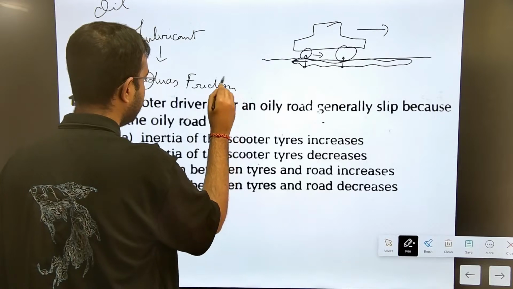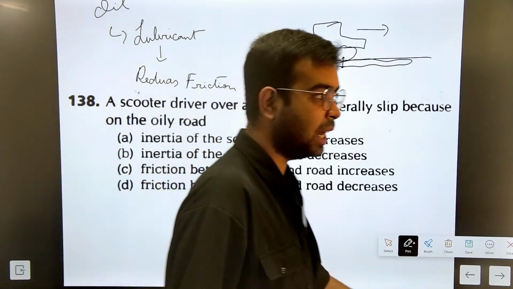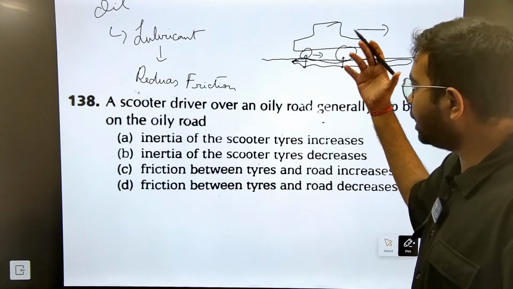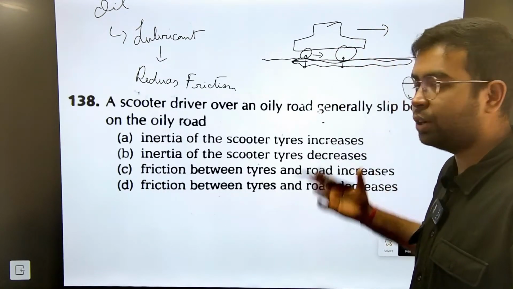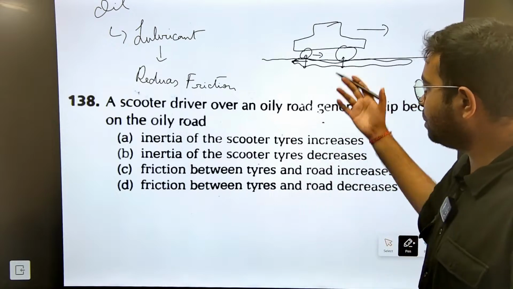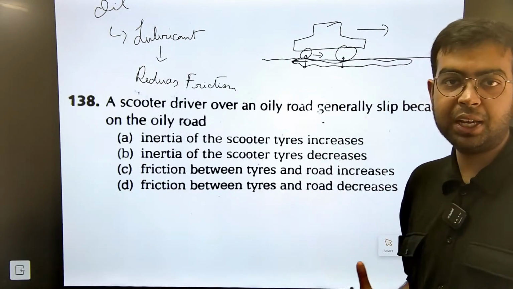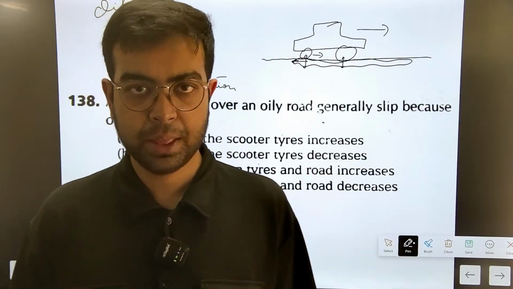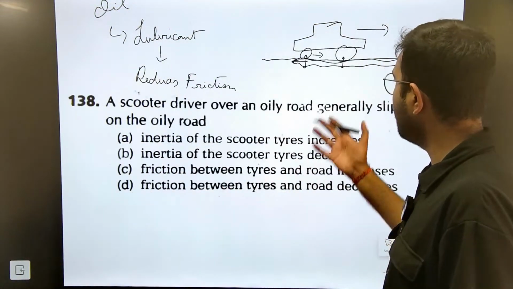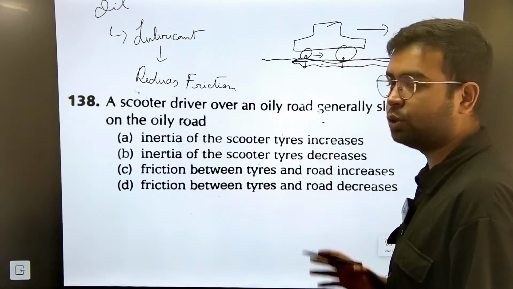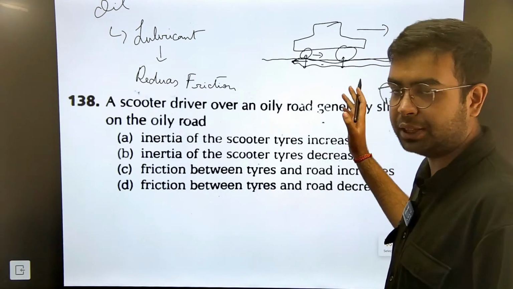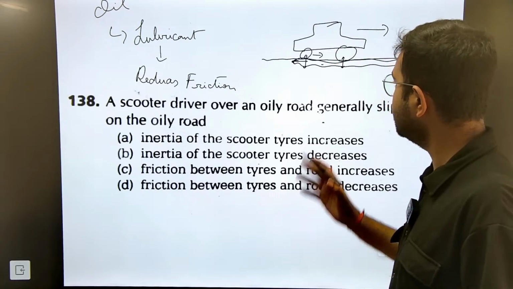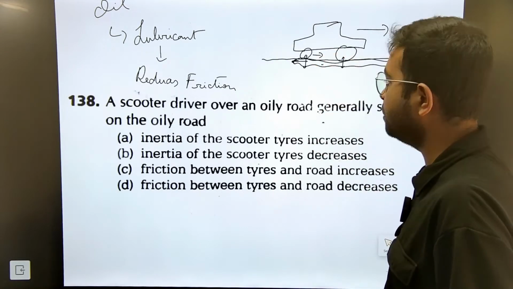So the oil on the road starts acting like a lubricant, and the amount of friction on the road starts to decrease. As friction decreases, the surface is smoother, so the risk of slipping is higher. That is the reason why, whenever oil is acting like a lubricant on the road, the friction gets reduced, and because of this the scooty will have a tendency to slip off.